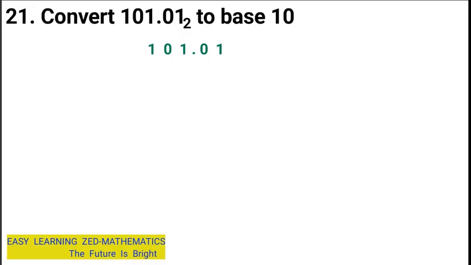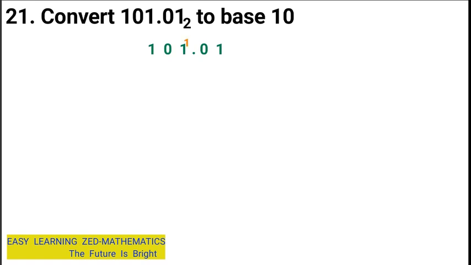So the first thing I'm going to do is start with the 1 immediately before the decimal point, on the left side. What is the place value of that 1? It's 1s.